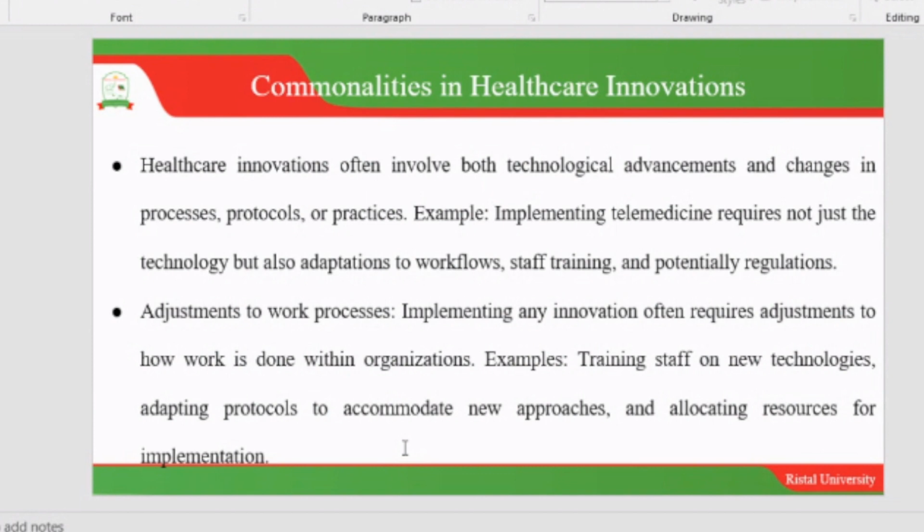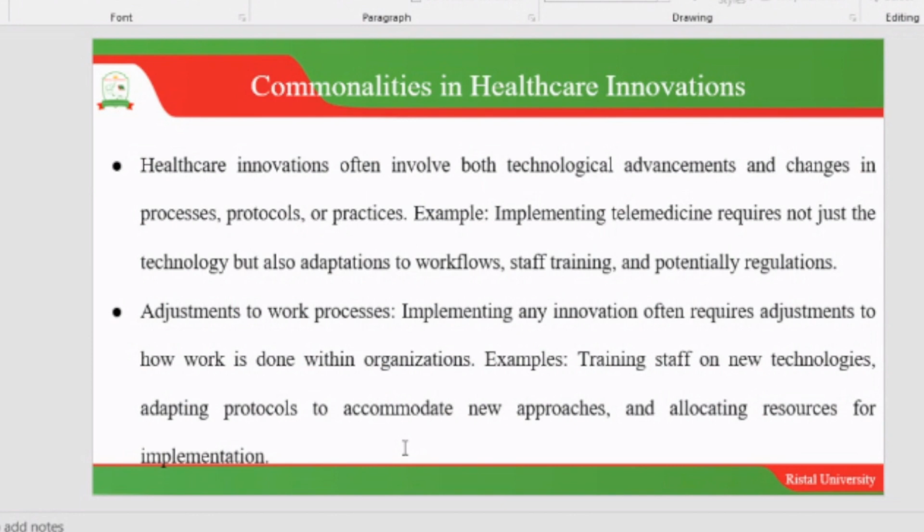Okay, so the example is that implementing telemedicine requires not just the technology but also adaptations to workflows, staff trainings, and potentially regulations.